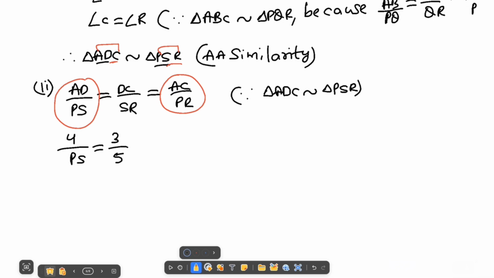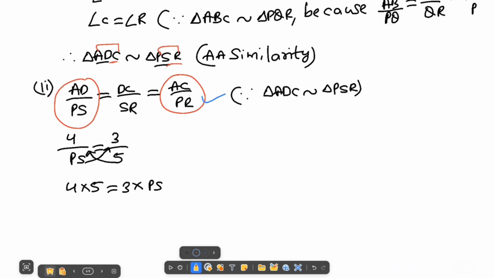So DC by SR we don't know, but AD by PS, AD is 4 and PS is what we have to find. AC by PR is already given, the ratio of corresponding sides of similar triangles is 3 by 5. Send PS to the right side and 5 to the left side. Now it becomes 4 into 5 is equal to 3 into PS.